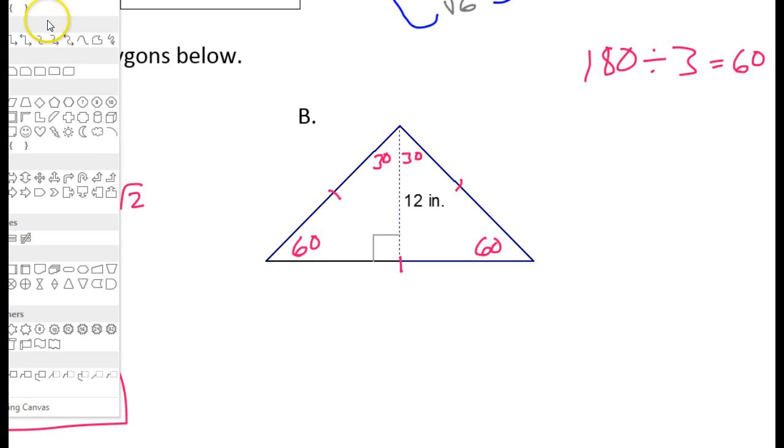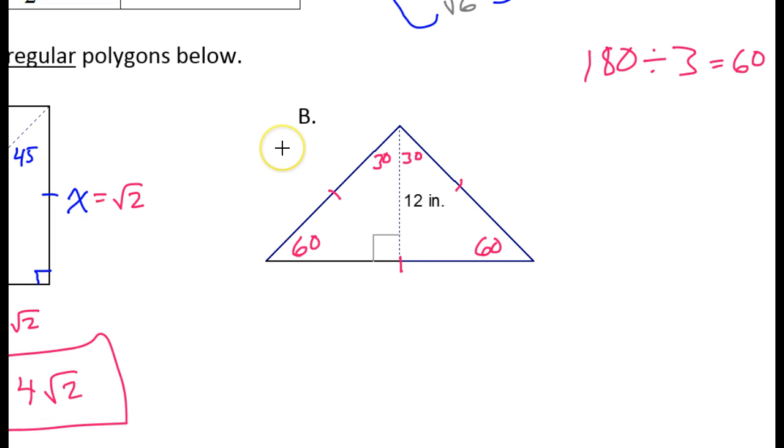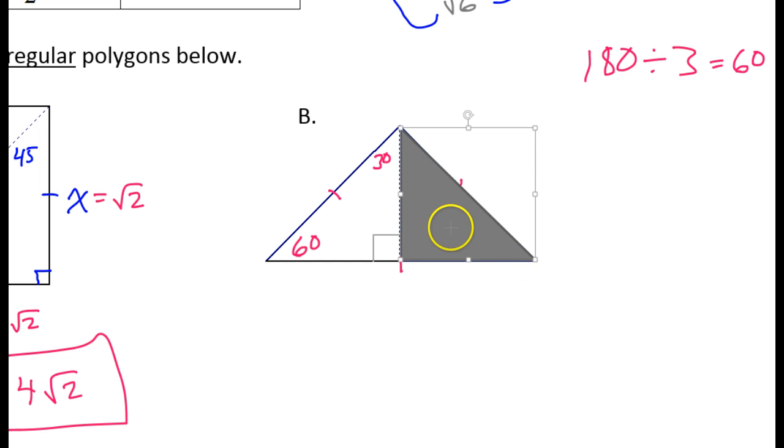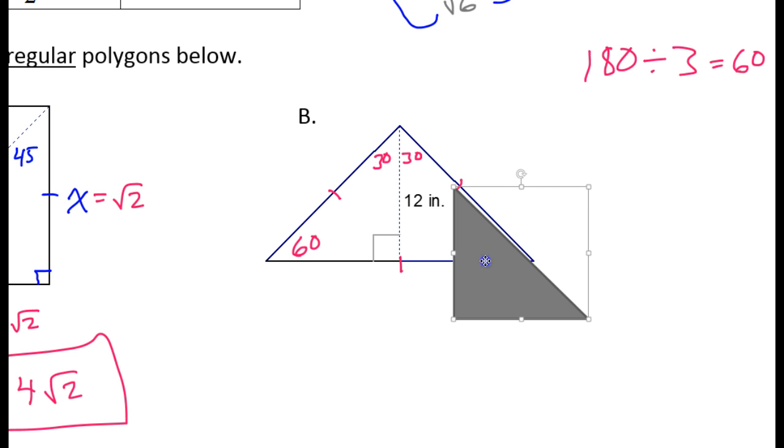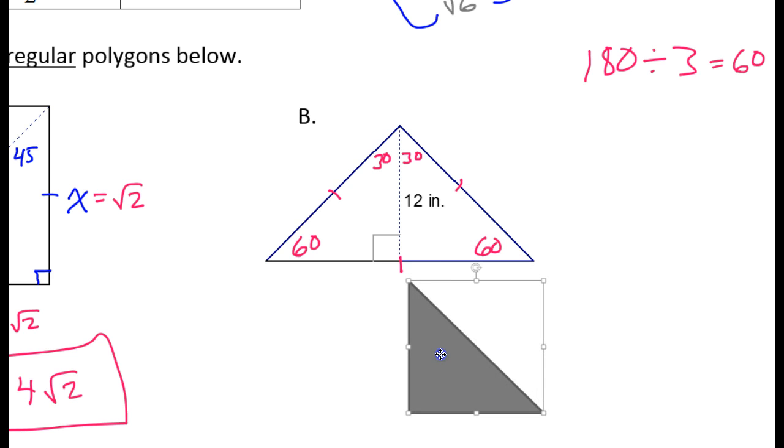Let's see, can I easily cheat? Yeah, that's going to work. So you see what I'm doing. I'm taking the right hand side and I'm pulling it off. Okay, great. So what we know is, okay, this is a right triangle, and this side over here is 12.